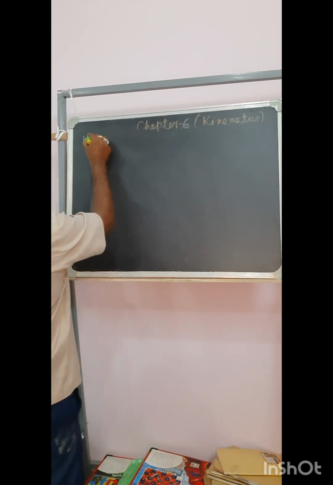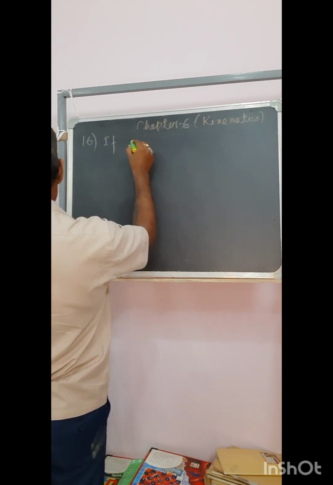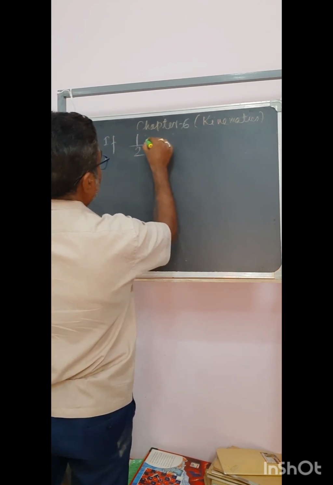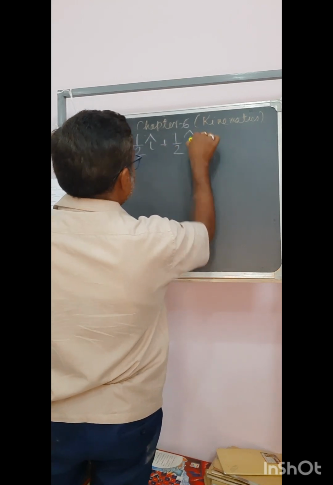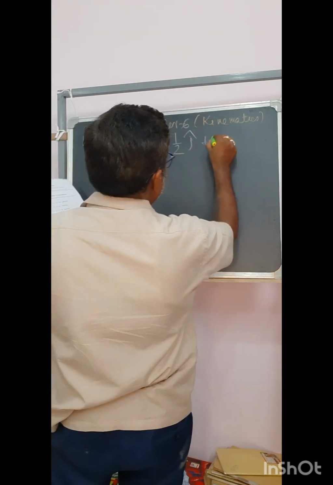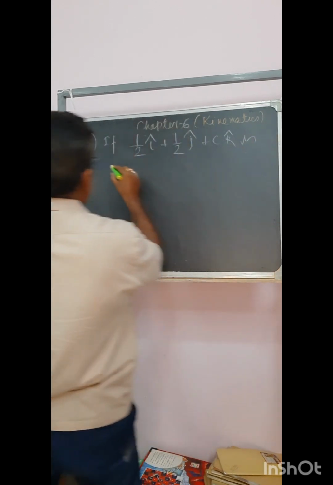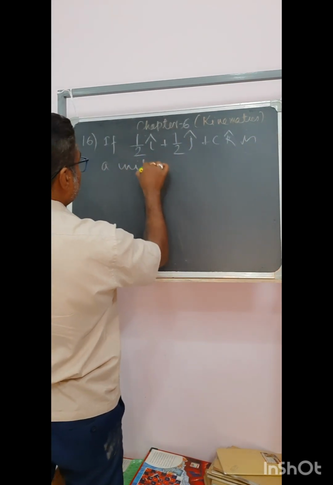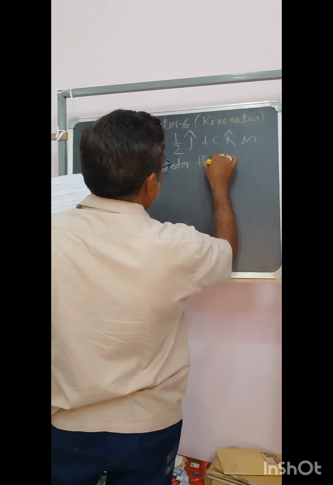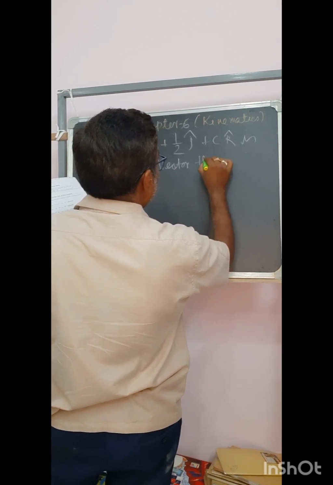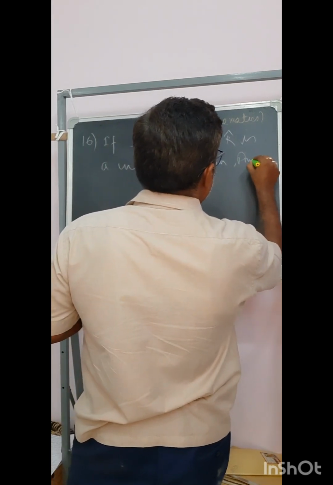Moving to 16. If half i plus half j plus ck is a unit vector, then find c.